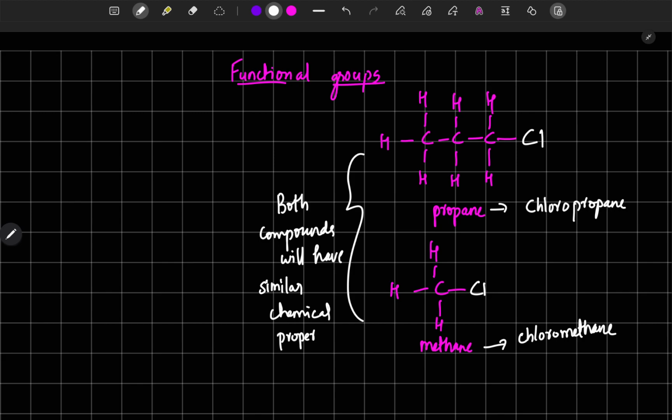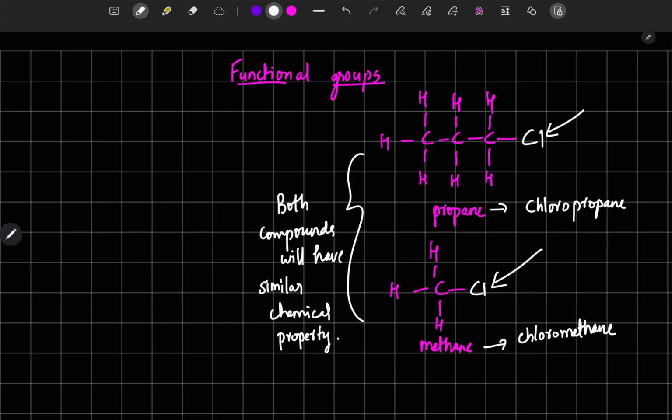Now the question is why they have similar chemical properties. The answer is because of this chlorine atom present in these two compounds.